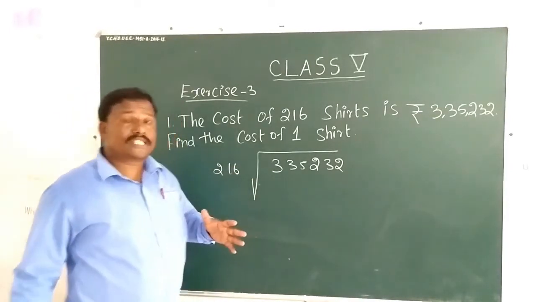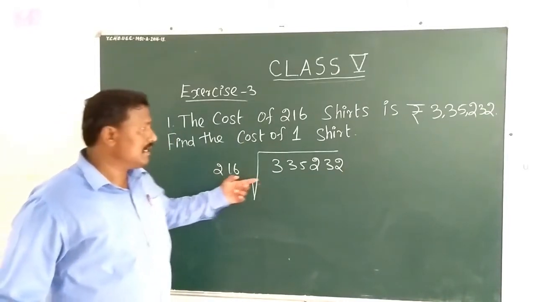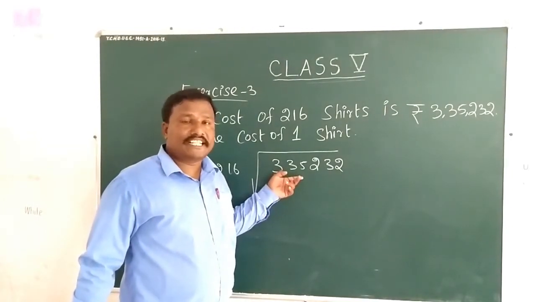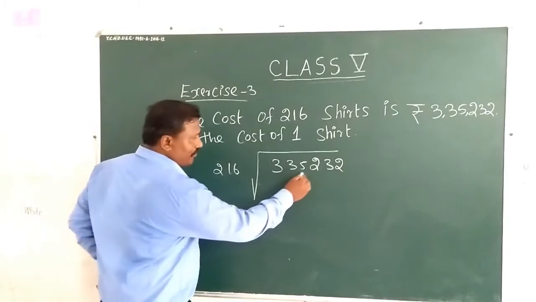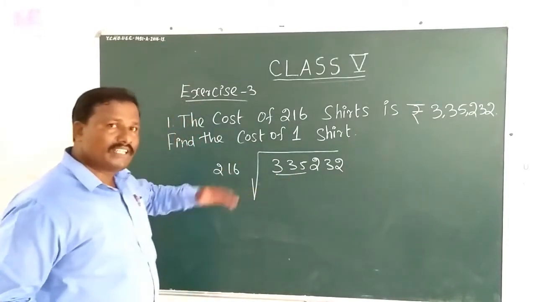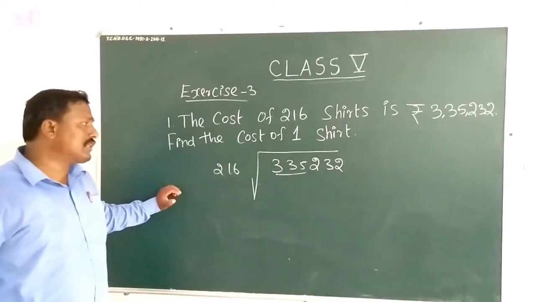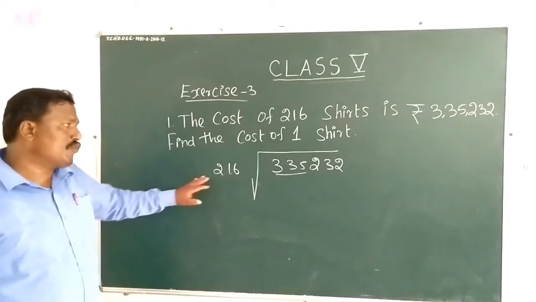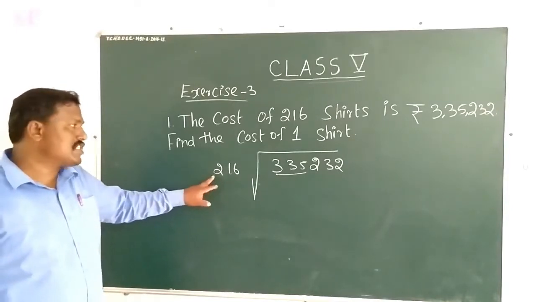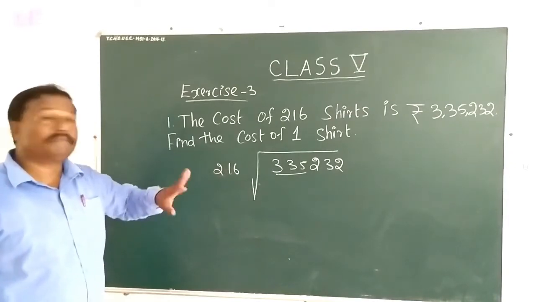You know the division rule: because the divisor is a 3-digit number, inside also we take a 3-digit number. So 335 we will take first, then divide. Approximately, if I multiply 2 times, it goes to 400, 420, 32 something.